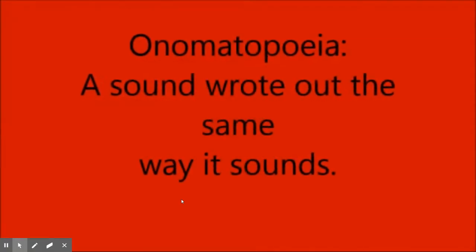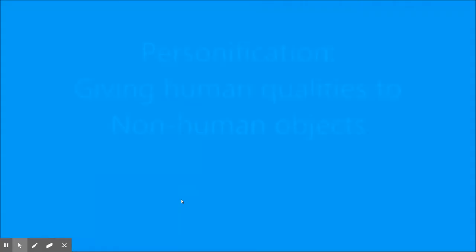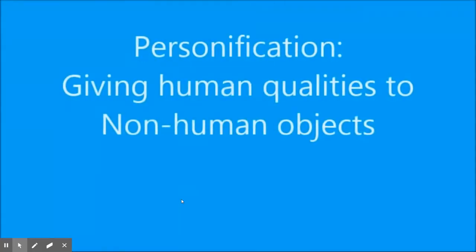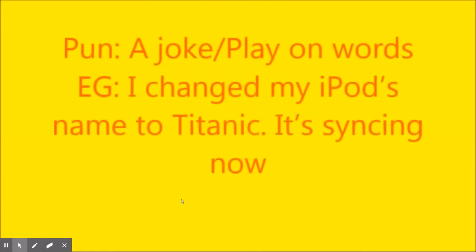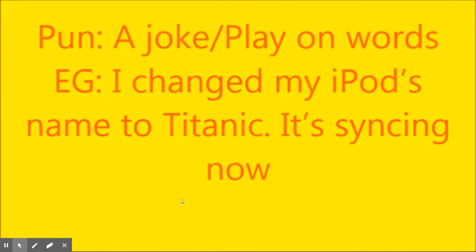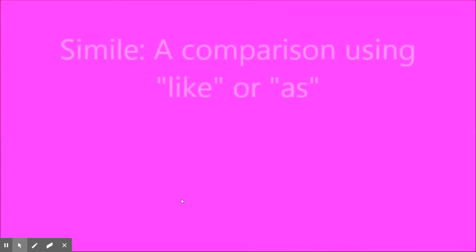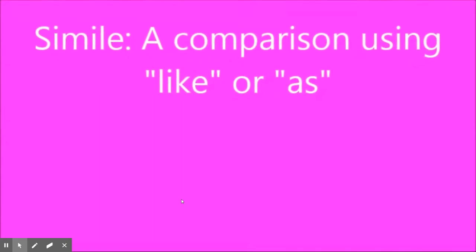Onomatopoeia, a sound written out the same way that it sounds. Personification, giving human qualities to non-human objects. A pun, and this is the one we're not as familiar with, is a play on words. So example, change my iPod's name to Titanic, it's sinking. Simile, a comparison using like or as.